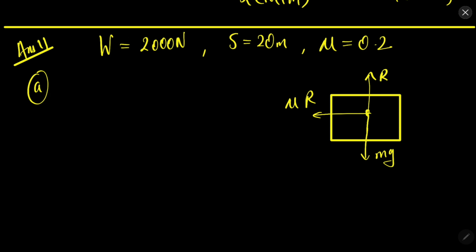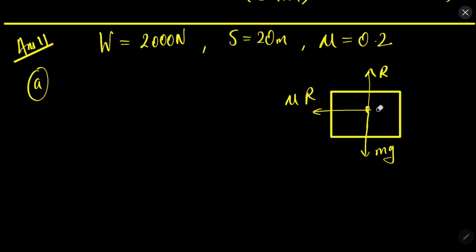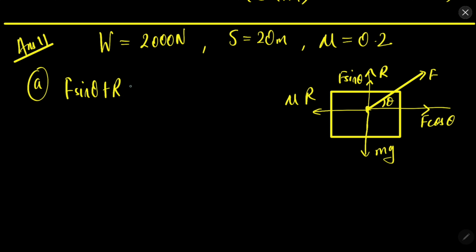Actually this force is not applied horizontally, it is applied at some angle theta with the horizontal. So this component of the force will be F cos theta, and this component will be F sin theta. We have, first, F sin theta plus R minus mg equal to 0.